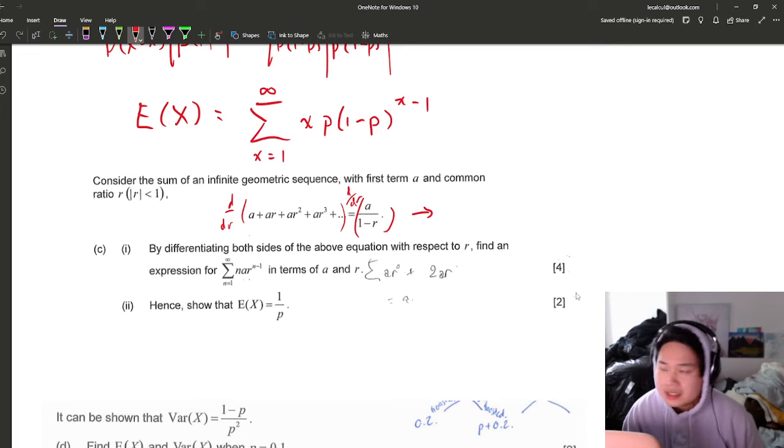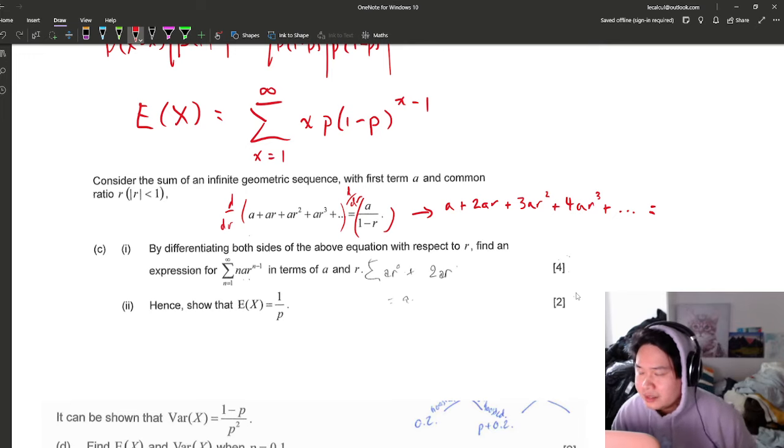And then on the left side, we're gonna get a plus 2ar plus 3ar squared. And then I'll just do one more, ar cubed, dot dot dot, equals, and then I take the derivative of the other side, so this is a over (1 minus r) squared.